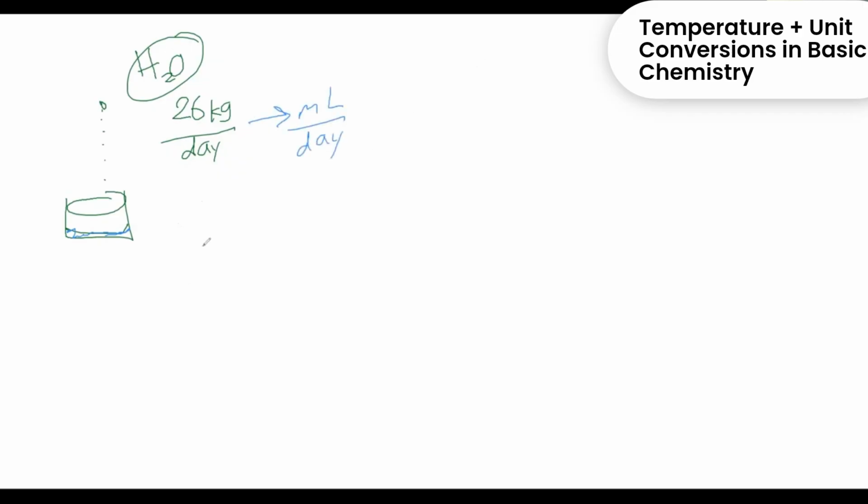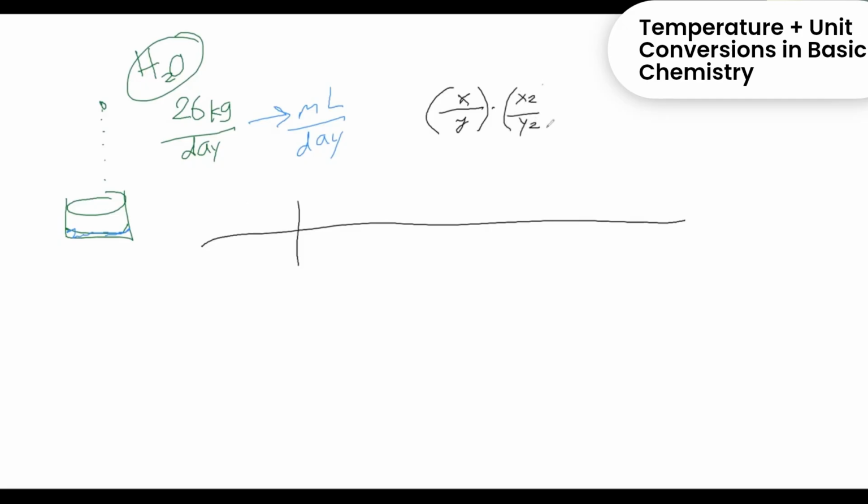All right, so you might not know how to tackle this, so let's set it up. This is a skeleton. This is a dividing line, and these are just basically multiplying lines. It's often done like this. You put some fraction in parentheses. You have X on top and Y on the bottom, X2 on top and Y2 on the bottom, et cetera, equals.